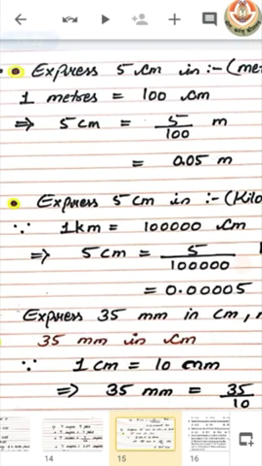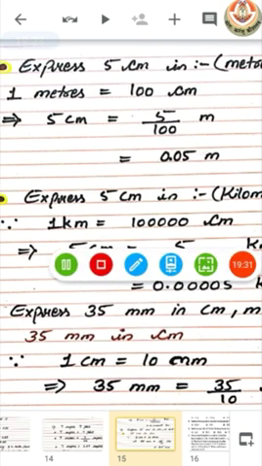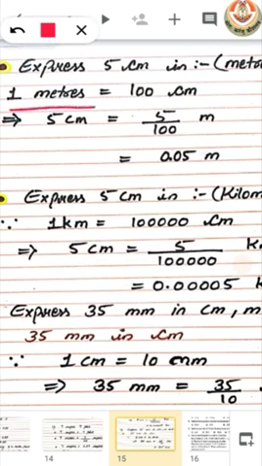Here, how can we express 5 centimeter in meters? We know that 1 meter is equal to 100 centimeter. So here we have to convert a small unit into a big unit, so we have to divide. To convert 5 centimeter into meter we divide 5 by 100 to get our answer.